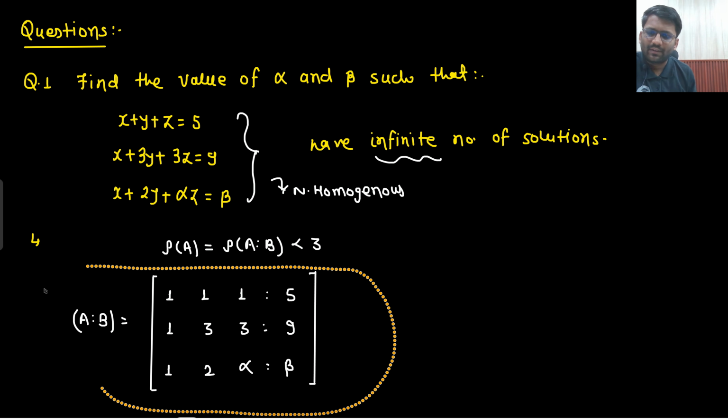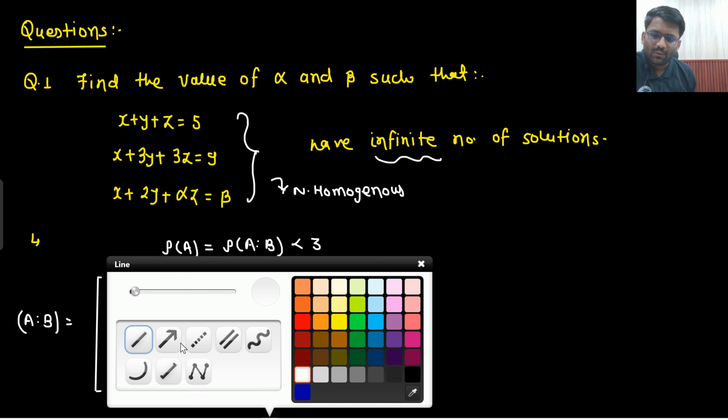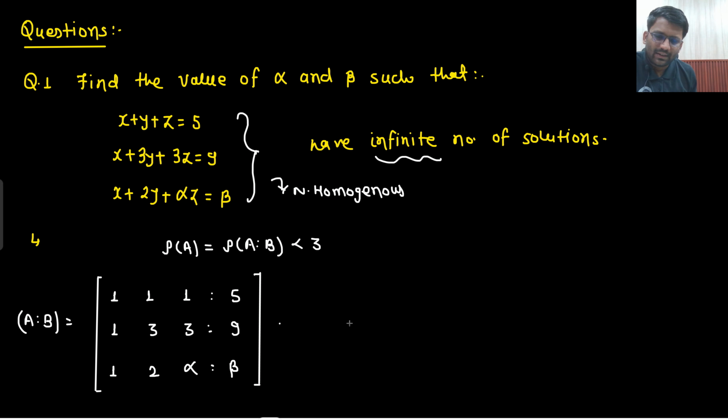This is the scenario we have. What do we need to do? We need to apply the transformations. R2 is replaced with R2 minus R1 and R3 is replaced with R3 minus R1. Why so? Because we know the first column entries will become 0, 0, so we will be able to get something good. So what are we getting?